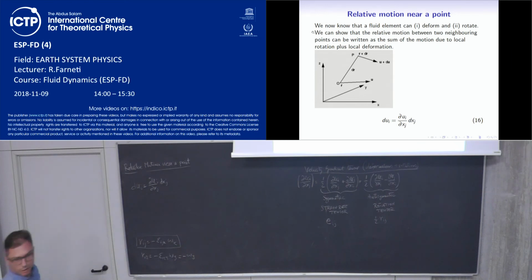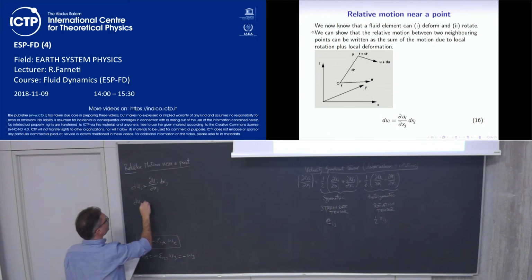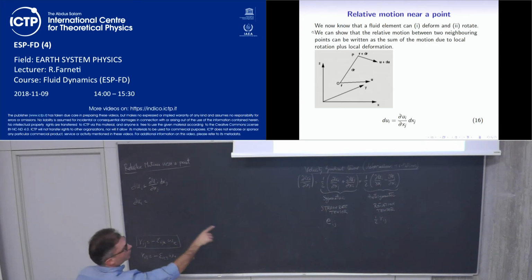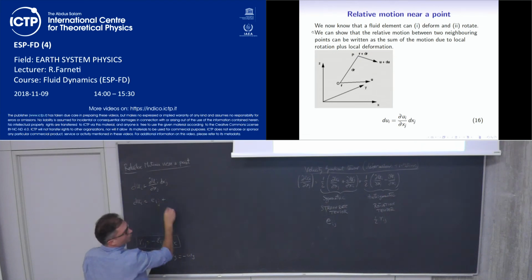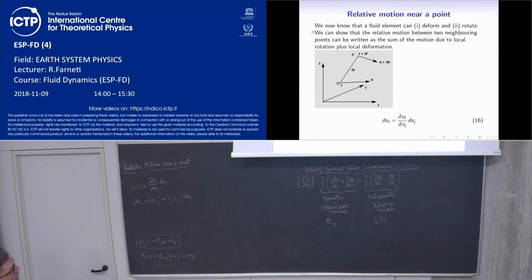Okay, we have this relative velocity. So dy_i is this velocity gradient tensor, which is that, plus half of the rotation tensor, dx_j. Okay?